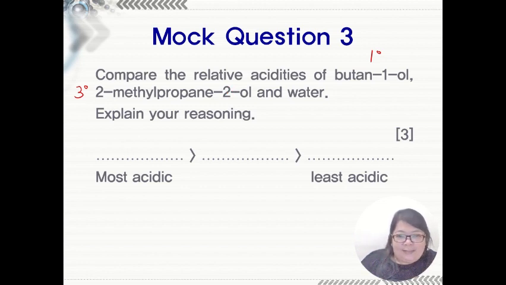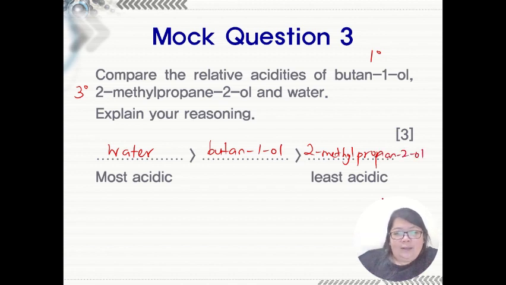So the most acidic here will be water. Just now I explained that primary alcohol is more acidic than tertiary alcohol. So butan-1-ol will come next in this order, and then the least acidic will be 2-methylpropan-2-ol.